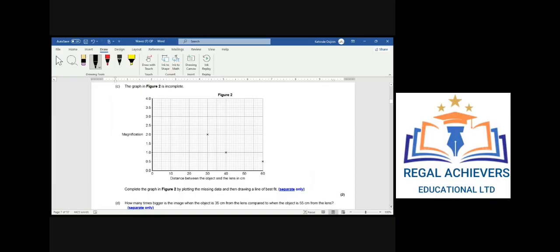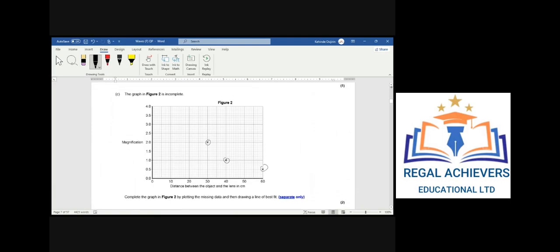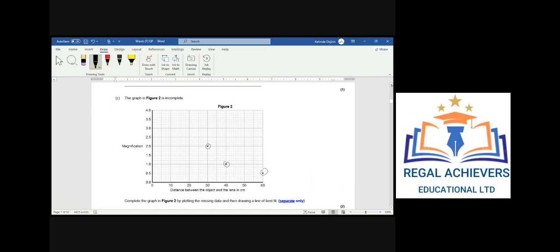If you look at the line we have here already, we have 1, we have 2, we have 3. So basically, we just need to complete the graph by plotting the missing data.